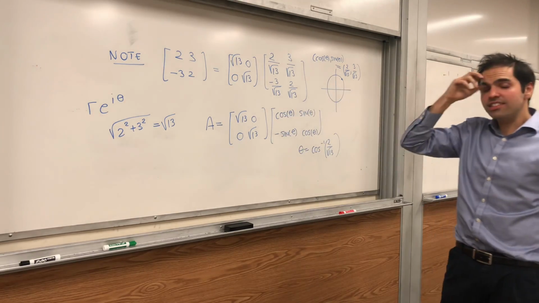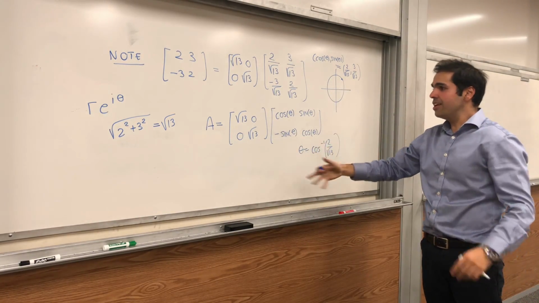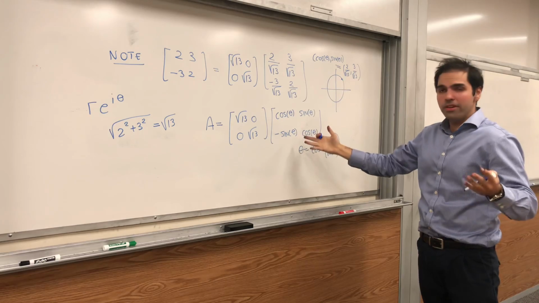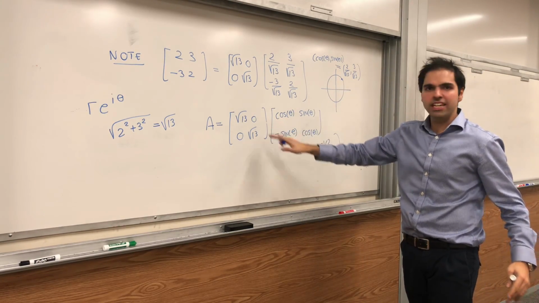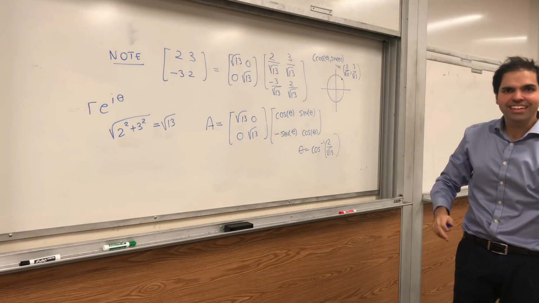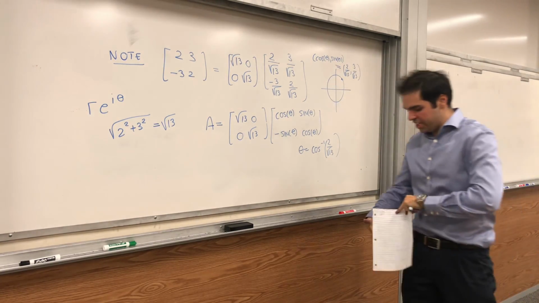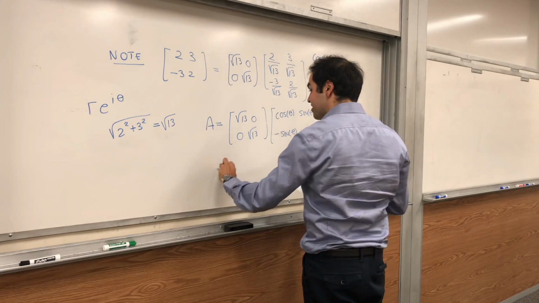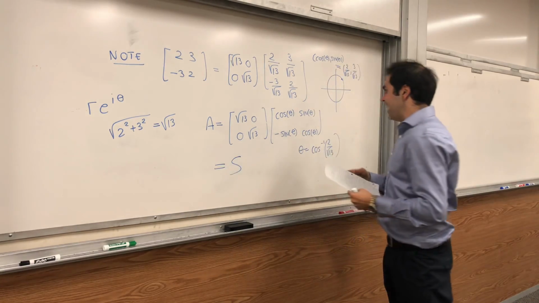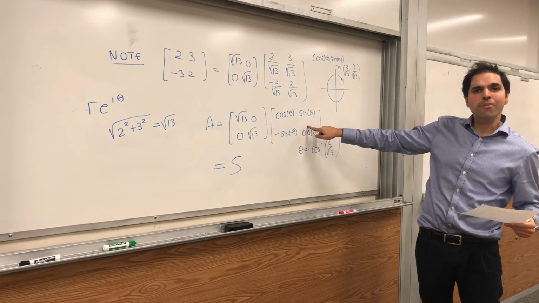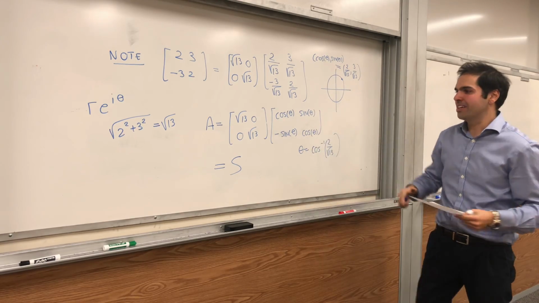So what is this matrix? It's a composition of this matrix, which is just scaling. It takes a vector and scales it by square root of 13. Let's write it as S, like scaling. And this, I don't know if you remember, is a rotation matrix.